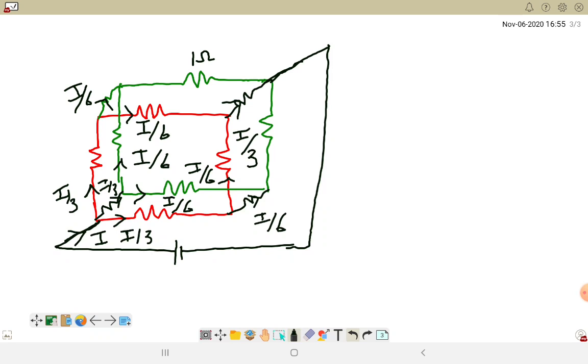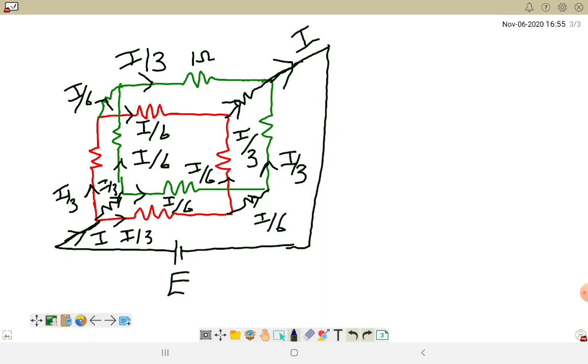Here this I by 6 and I by 6 together, so that is again I by 3. And this I by 6 and this I by 6 together, again I by 3. So finally the incoming current or outgoing current from the source is the same. Now our assumption is correct.